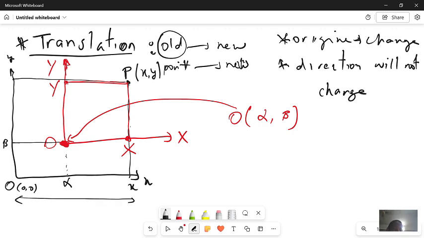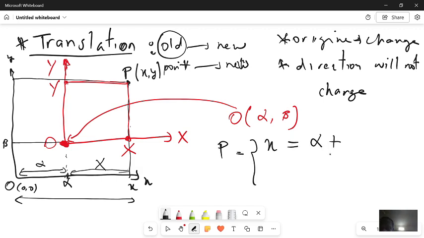That's the coordinate of the point P in the old plane, and this value equals the value from 0 to alpha, plus the value of capital X. So P will have coordinate x equal alpha plus capital X, because small x is the coordinate of point P in the old plane, from 0 to this point.